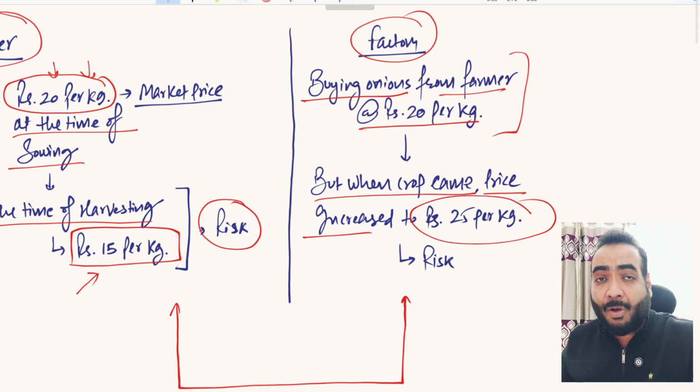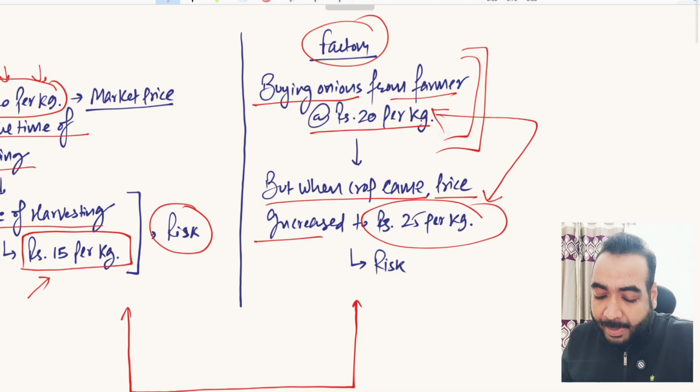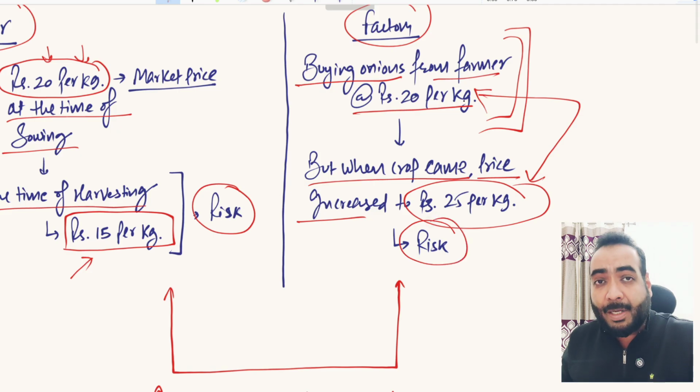It would increase the cost of raw material for the company. If the company is not able to increase the prices of its finished products, then the company will have to bear all the loss of that increased price by itself. So this involves a lot of risk for the company as well.